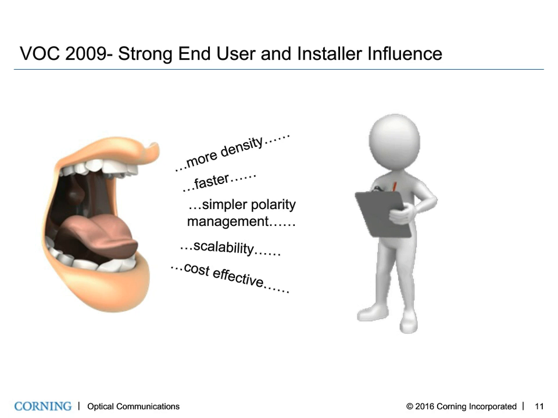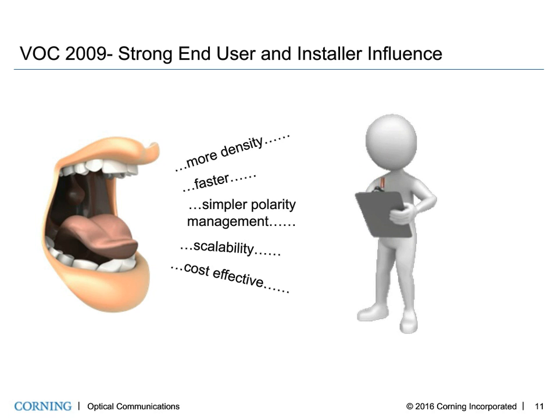If you follow the history of the data center solutions that were in the market at the time, they were basically all modified versions of the hardware that was used in the local area network. That hardware was established. So when it came time for people to be introduced to pre-terminated MTP systems, you basically made modifications to the existing local area network hardware and then added MTP modules and trunks.